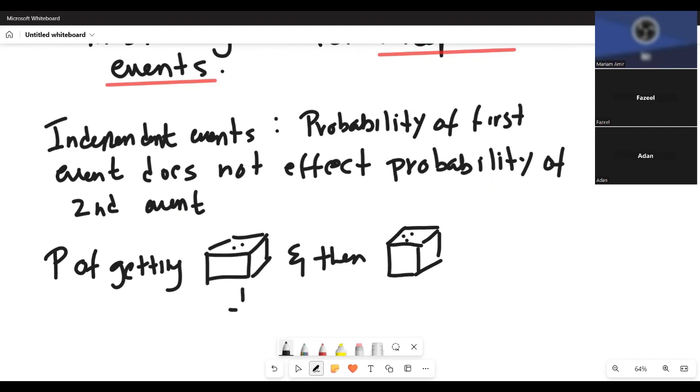It's going to be 1 by 6. And then times, what's the probability of getting 3 at the top of the die? That's also 1 by 6. So the first event did not affect the probability of the second event. So these are independent events. So in this case, the formula will be applicable. Probability A and B would be equal to probability A times probability B.